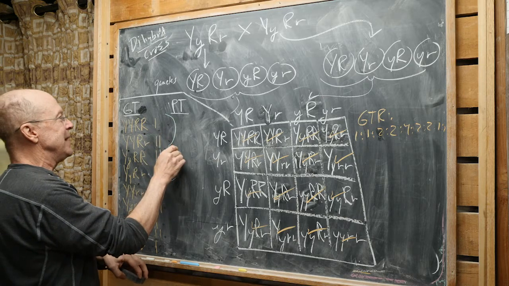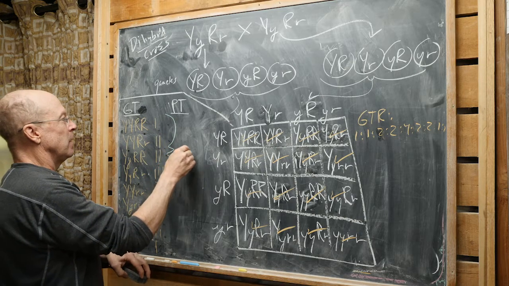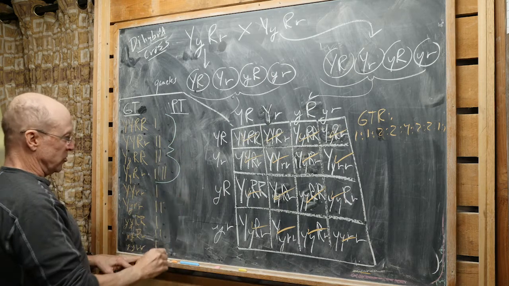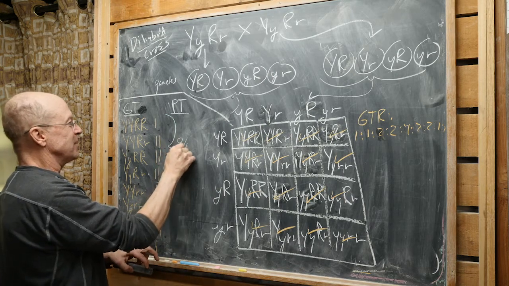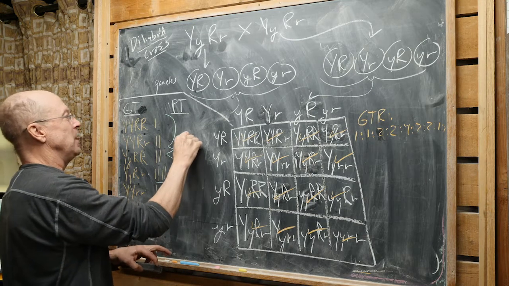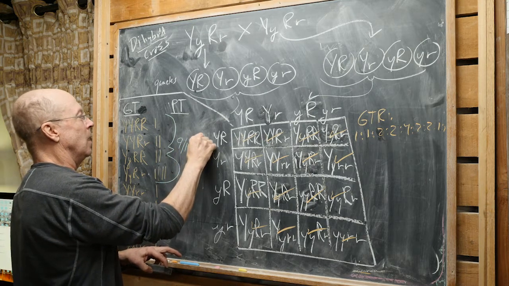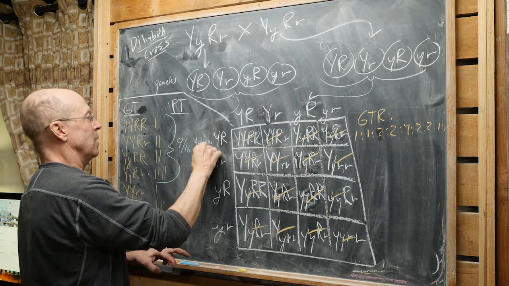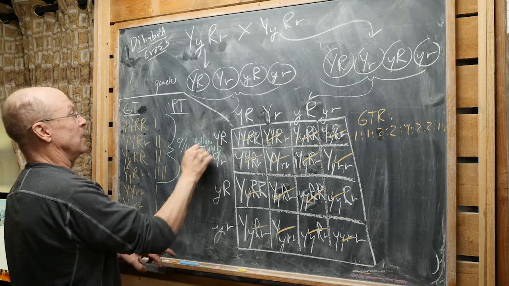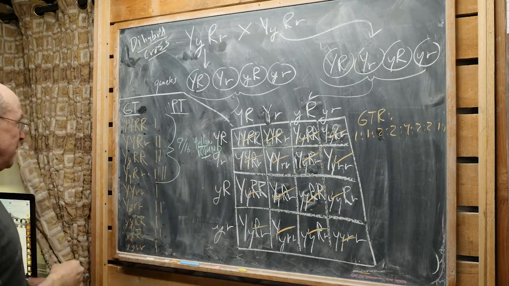There's a total of 9 of these. And we know there's a total of 16, so 9 out of 16 of these are going to be yellow round. Yellow round, 9 out of 16.